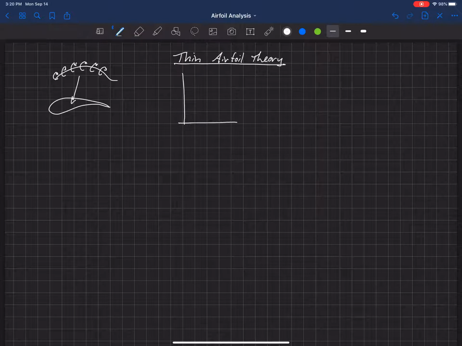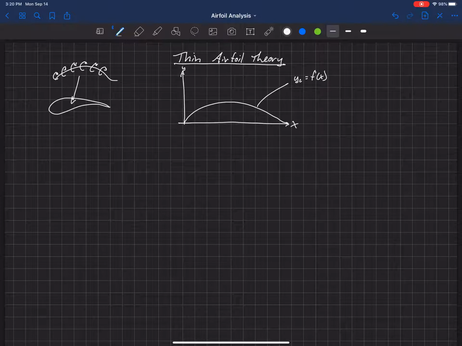We're going to start off with just a drawing of the airfoil. So this is X and Y. And let's draw our camber line. That's our camber line. So camber line, Y sub C, is going to be a function of X. Okay, so we've got some function that defines our camber line of that airfoil.